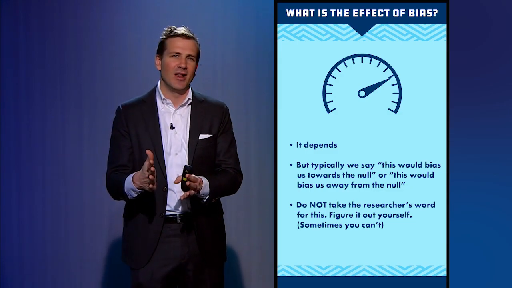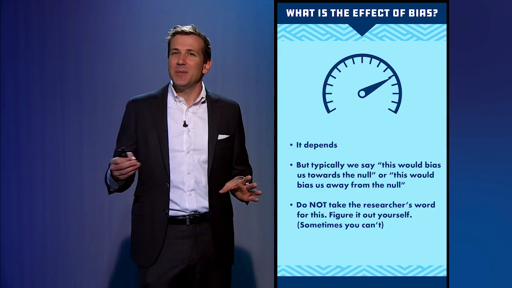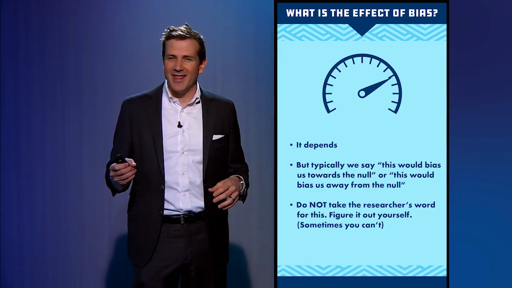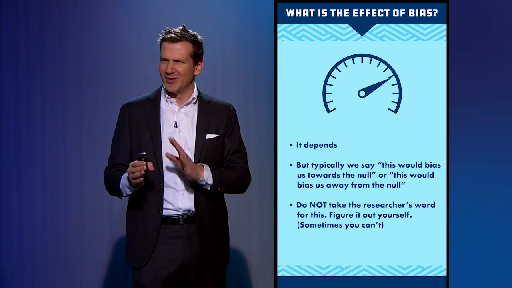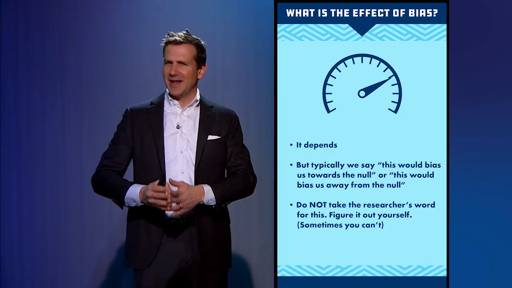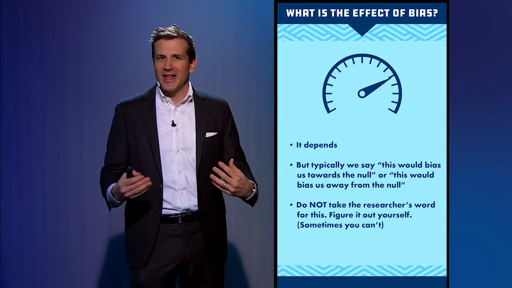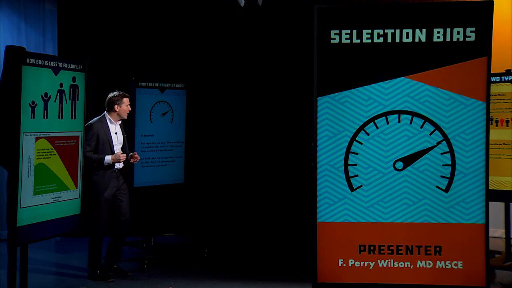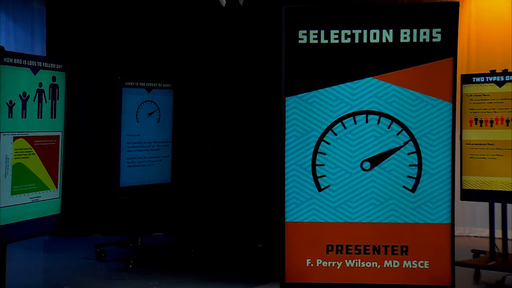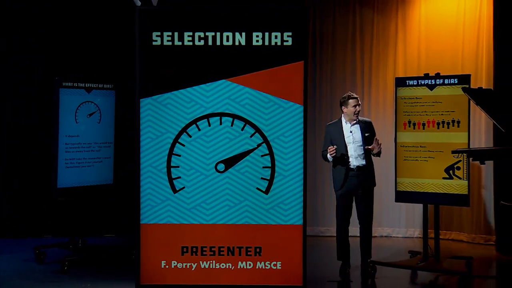We bias them towards the null effect. Don't take authors' words for this. In about 50% of cases I've looked at, their assessment that the bias that they acknowledge biases towards the null is incorrect, and in fact the bias is away from the null. So think through it yourself. What is actually happening here, and what would the results be if that bias weren't present? All right, so let's give some examples. Remember, there are basically two broad types of bias in the world.